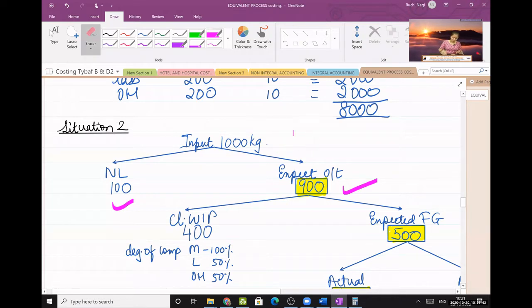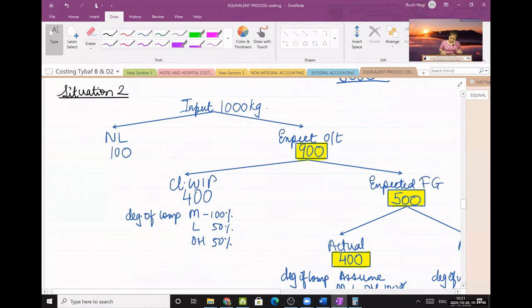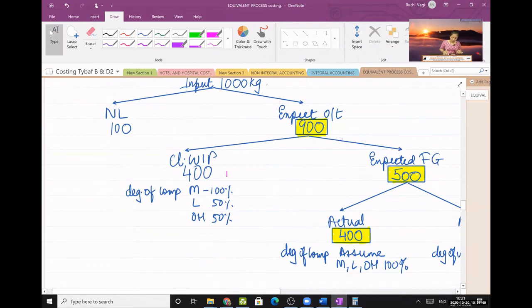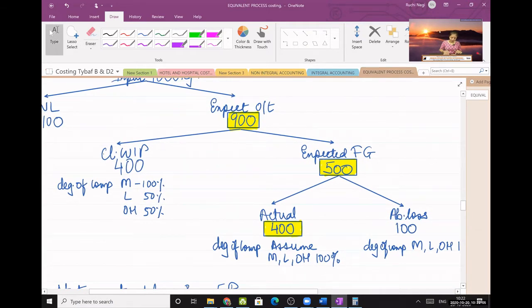Next, closing WIP is 400, and the degree of completion is also given, 150/50. Then 900 minus 400 is how much? 500. So my expected finished goods is 500.